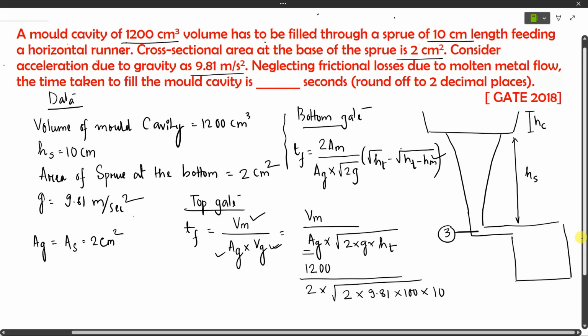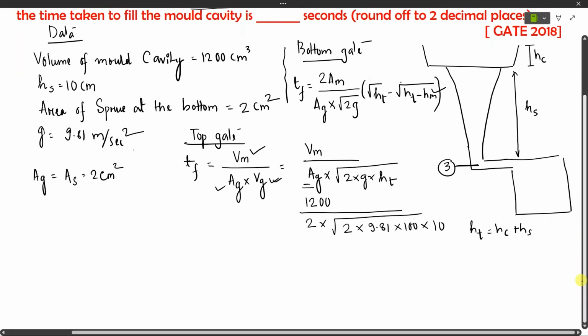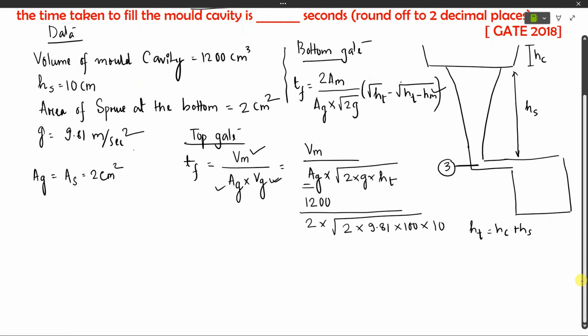Now we can see why HT will be 10, because HT here is nothing but HC plus HS. Now as nothing is mentioned about HC in the question, that is height of the pouring basin, hence we will neglect it.